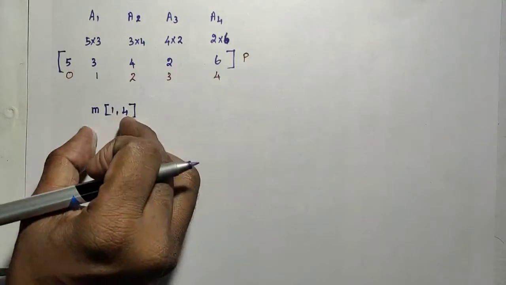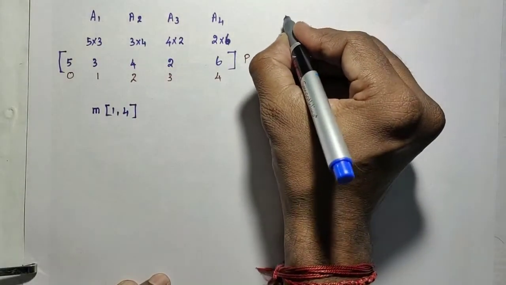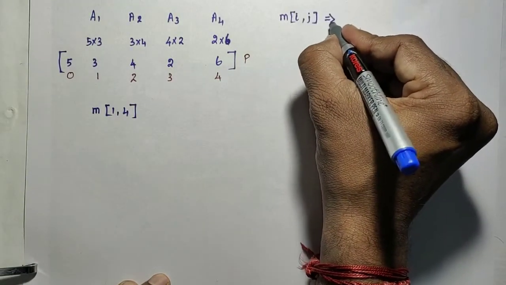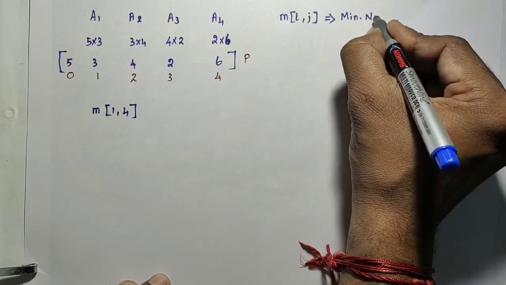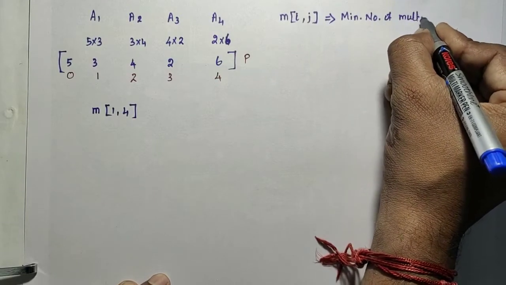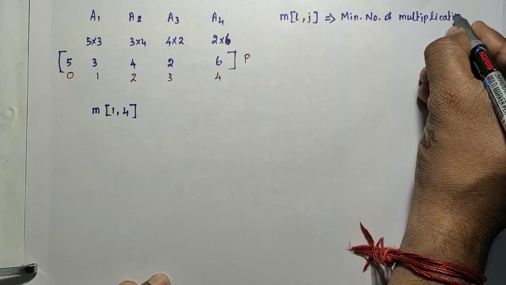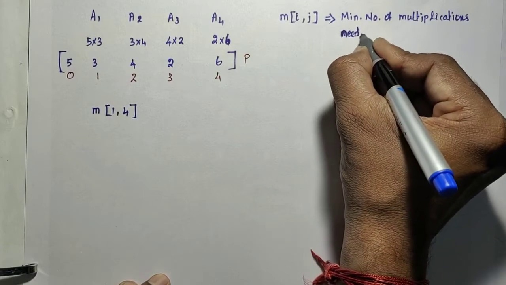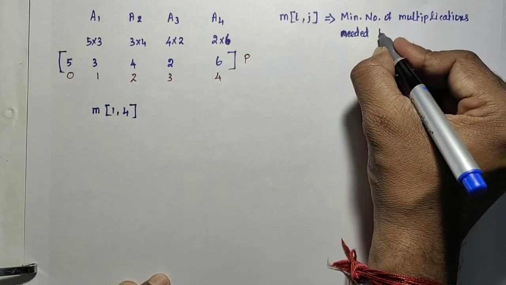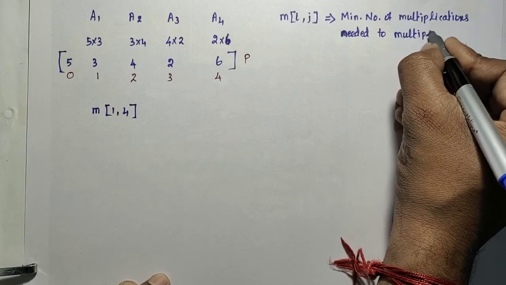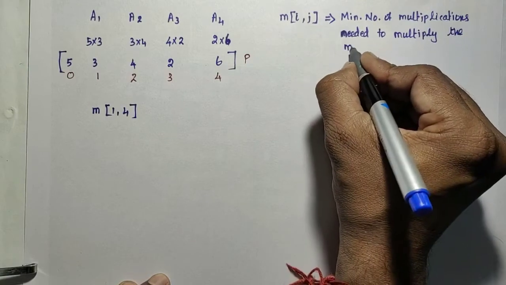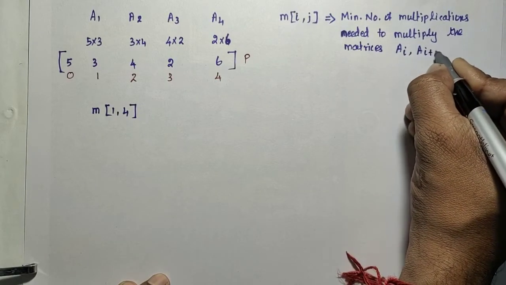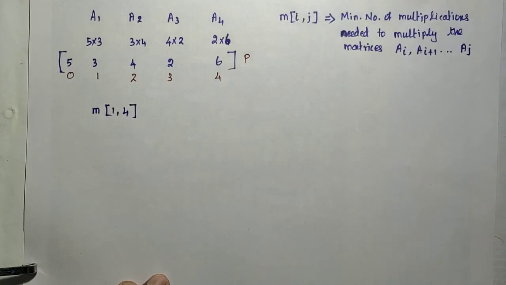Okay, so m is the two-dimensional array in which m of i comma j means the minimum number of multiplications needed to multiply the matrices Ai, Ai plus 1, up to Aj.